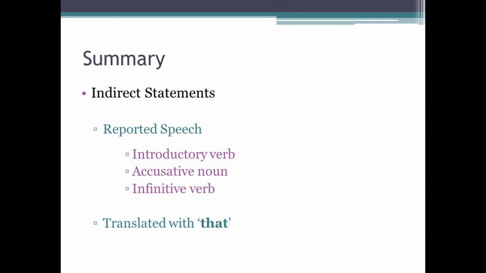And the 3 things to look out for in the Latin are an introductory verb, an accusative noun, and an infinitive. And finally, just remember to include the word that when translating an indirect statement.